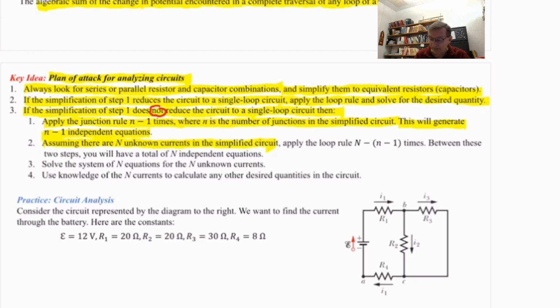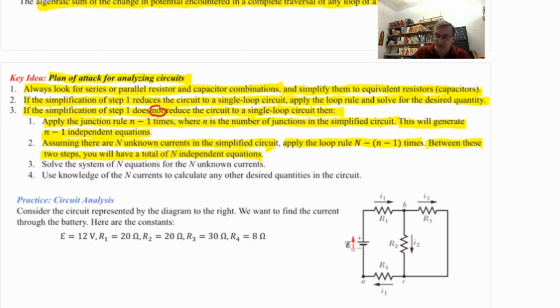Capital N unknowns. Therefore, I need capital N equations. But I've got little n minus 1 so far. So now we apply the loop rule, big N minus little n minus 1 times. And between these 2 substeps, you will then have a total of big N independent equations.